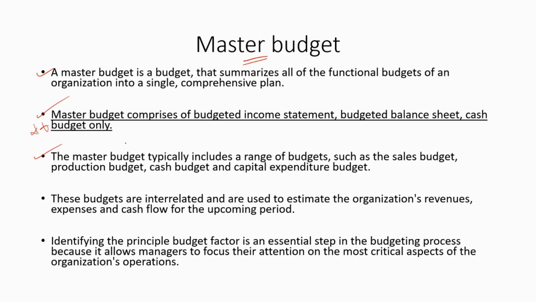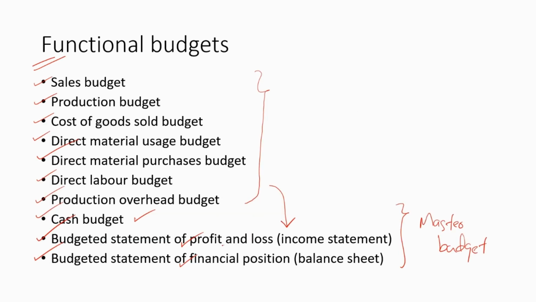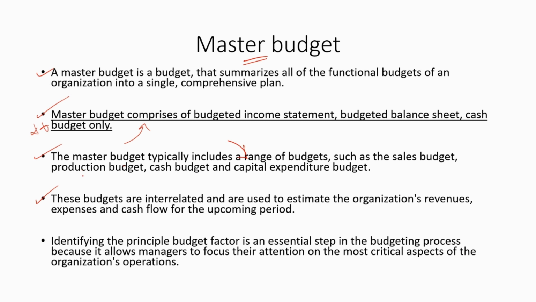You may wonder how the master budget comprises only these three statements, but on the other hand, it states that it includes a range of budgets, including sales, production, cash budget, and capital expenditure budget. This is because the budgeted statement of profit and loss will include all the functional budgets' summaries. These budgets are interrelated and are used to estimate the organization's revenues, expenses, and cash flows for the upcoming period.